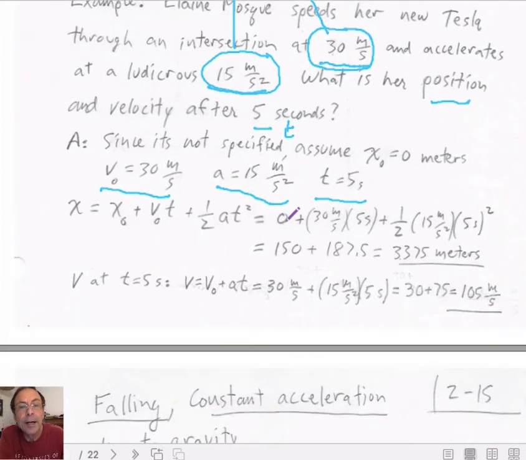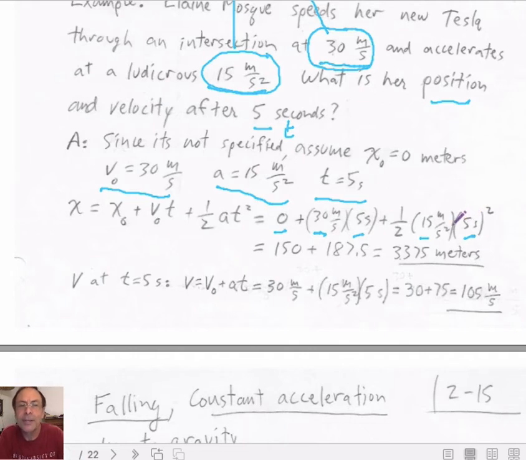And so we have x equals x0, which is 0, plus v0 times t. All right, here's v0, here is t, 5 seconds, plus 1/2 at squared. All right, here's the half, here is the acceleration, the time squared, 5 seconds squared. It's really easy to forget the squaring. I do it once in a while and mess up.